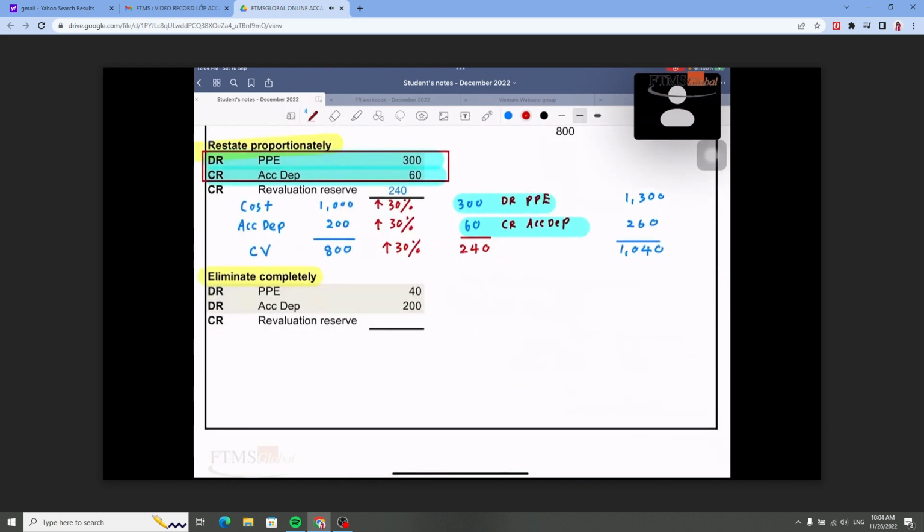Right, okay, so similarly, I will have the same diagram, cost, accumulated depreciation, and then carrying value, 1,200 and 800 here. Okay, right, then of course, we all know the asset increased by 240.